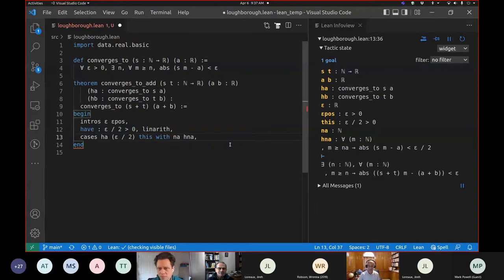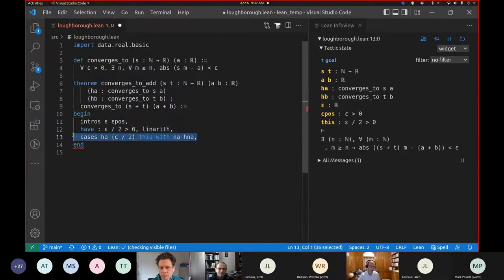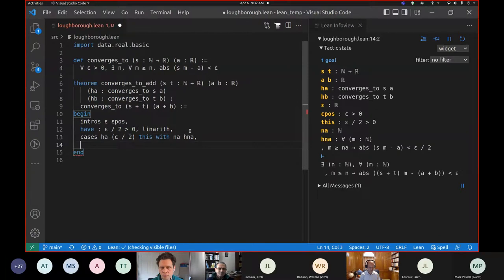Okay. So at this stage, from this, I've gotten a value, a natural number NA. And I have the fact that for all m greater than or equal to NA, the absolute value of Sm minus A is less than epsilon over 2. And similarly, we want to do this for the other sequence. A good way to do that is to just cut and paste.